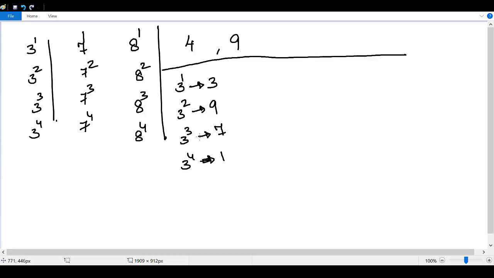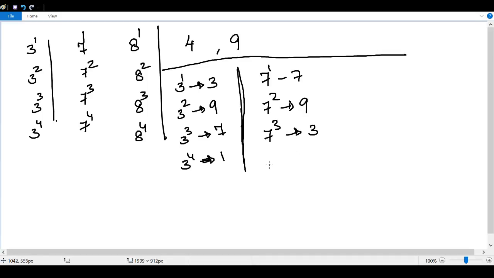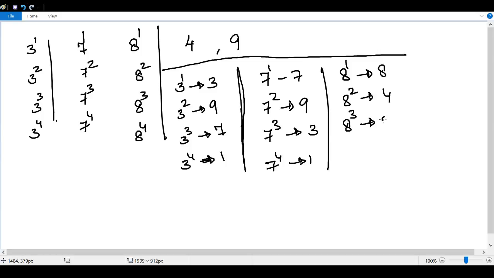Now please remember, you do not have to know the values of these, so you can just multiply them and get the answer. So 7 power 1 ends in 7, 7 square ends in 9, 7 cube is nothing but 3, and 7 power 4 is nothing but 1. Similarly, 8 power 1 is nothing but 8. 8 square is nothing but 4. 8 cube ends in 2, and 8 power 4 ends in 6.